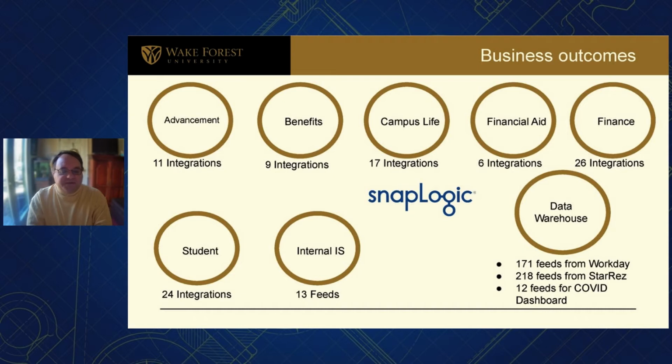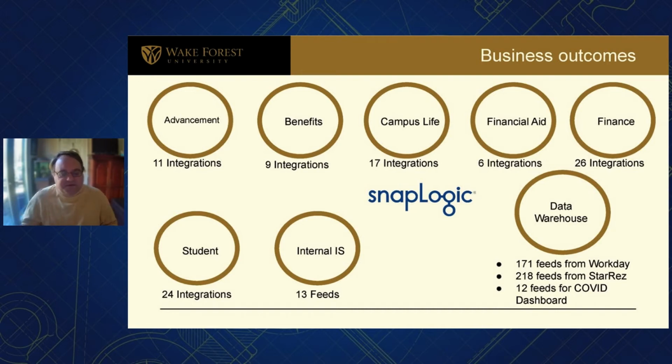Our campus life system feeds a whole lot of different systems around campus, and also gets information from other systems around campus. So we have 17 integrations there. With financial aid, we have 6 integrations, and our finance department has a developer of their own, and they've put together 26 integrations.